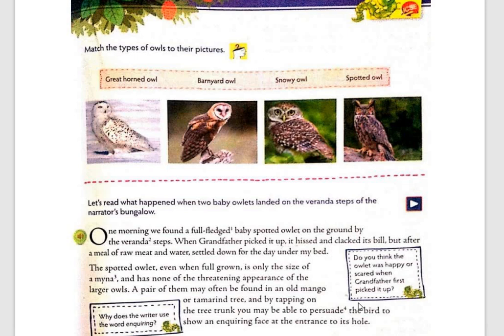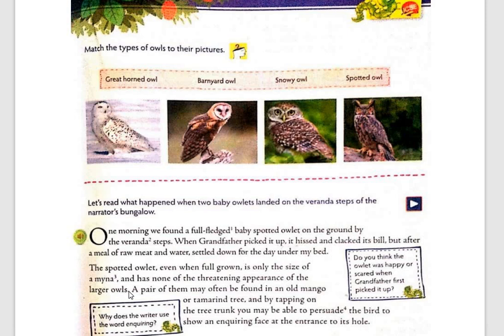It also has a very fiery, frightening appearance. When somebody looks at a larger owl, they get afraid. But what the narrator is saying here is that it has none of the threatening appearance of the larger owl.